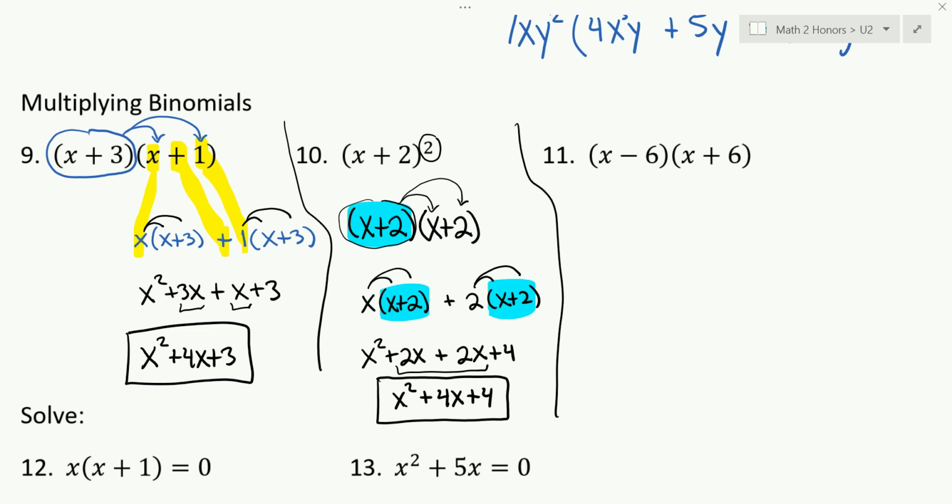I usually take this one and distribute both of these, so it's going to be x times x minus 6, plus 6 times x minus 6.